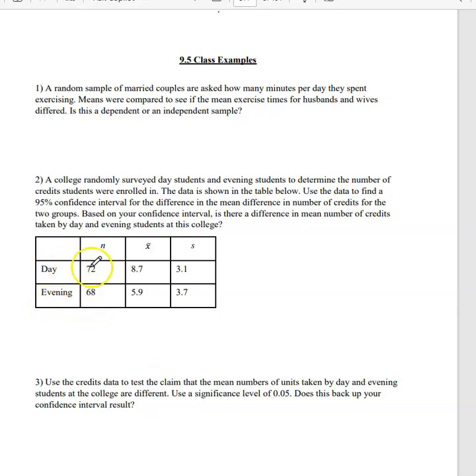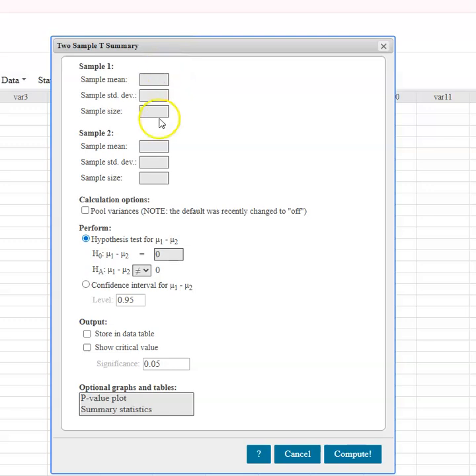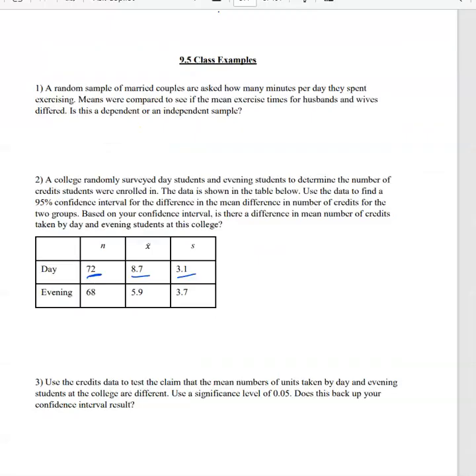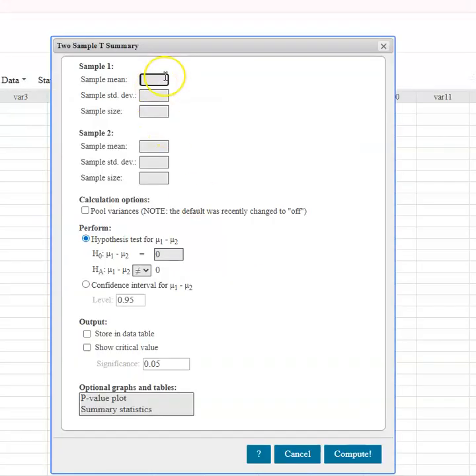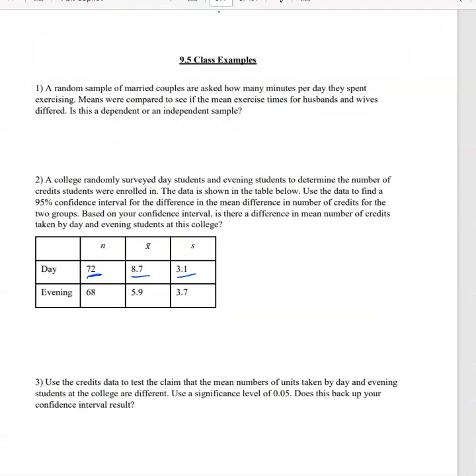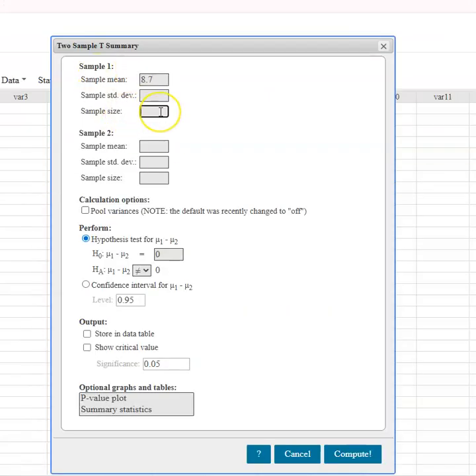So for the day group, my sample size is 72, the mean is 8.7, and the standard deviation is 3.1. So let's go ahead and put that into StatCrunch. The mean was 8.7. The standard deviation was 3.1 and the size was 72. And so that would be my day group.